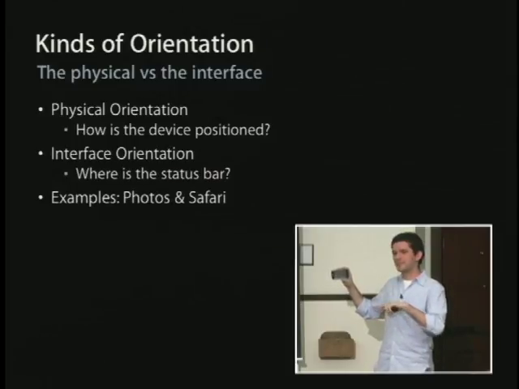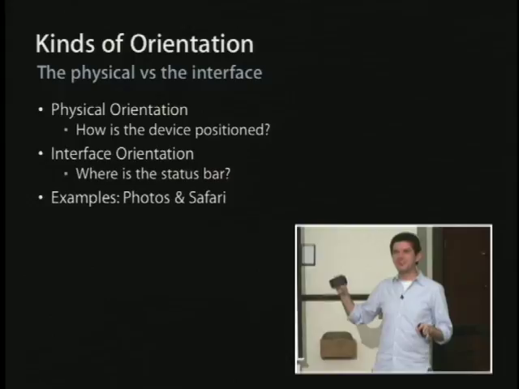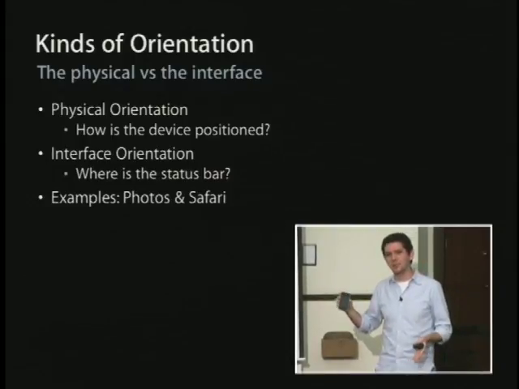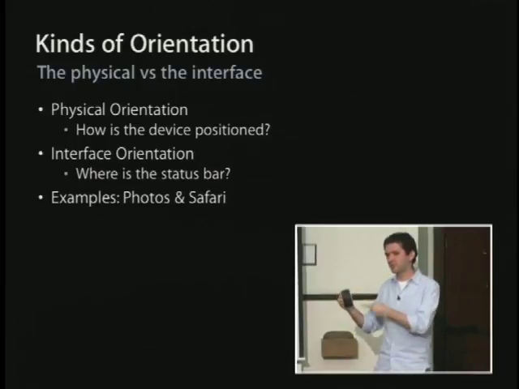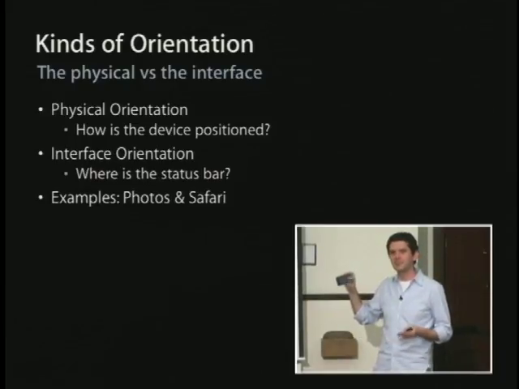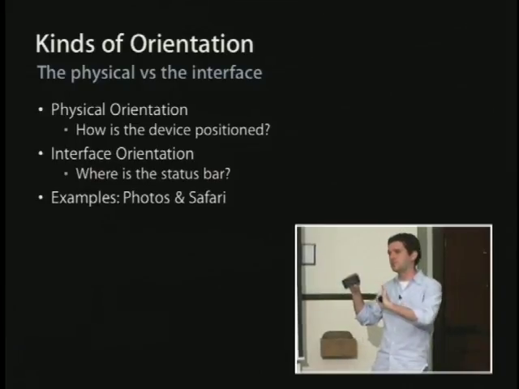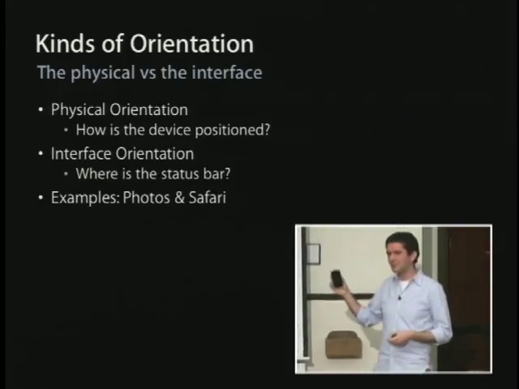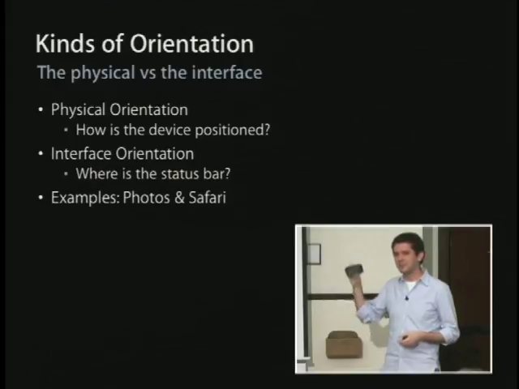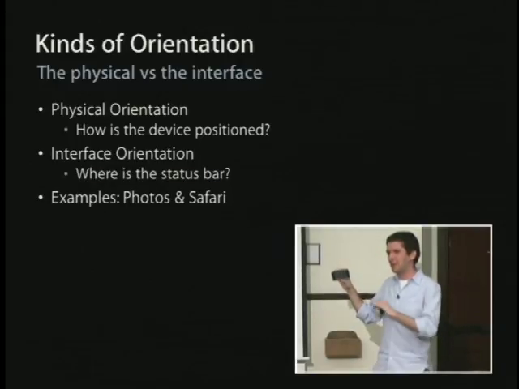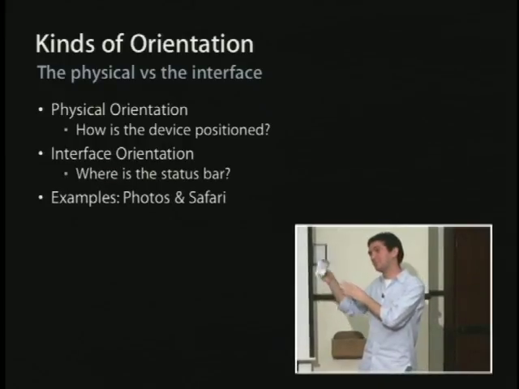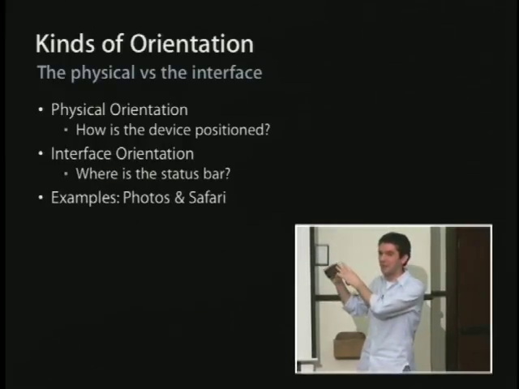However, there's a second thing here, which is the user interface orientation. So user interface orientation is basically the status bar orientation, and it's what's happening on the screen. So just because I've turned my phone sideways doesn't necessarily mean that the user interface has changed, right? Some apps don't support rotation. So if I start out in device portrait and then rotate to device right, I'm now at user interface left because the device has moved to the right, but the interface has moved to the left to accommodate.